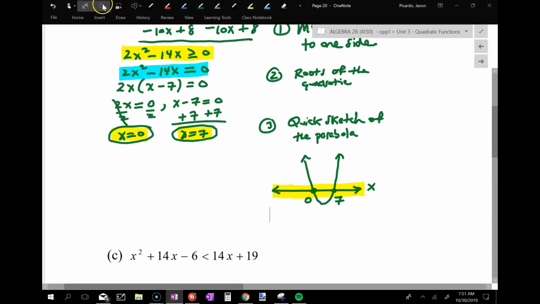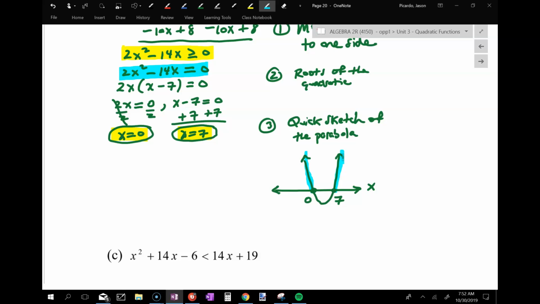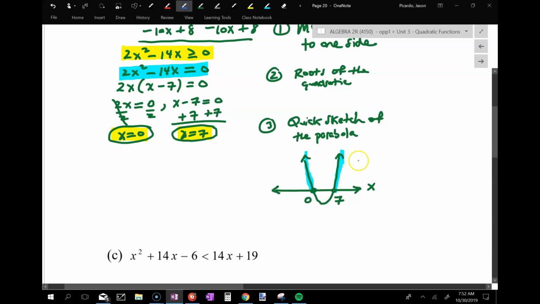So where is this parabola greater than 0? Isn't it all of that and all of that? Because that's where it's above the x-axis, right? So these are all values that are greater than or equal to 0. These are all values that are equal to 0. These are all values that are less than or equal to 0, right?